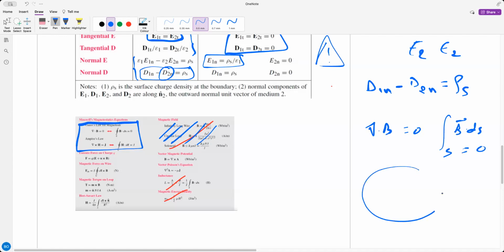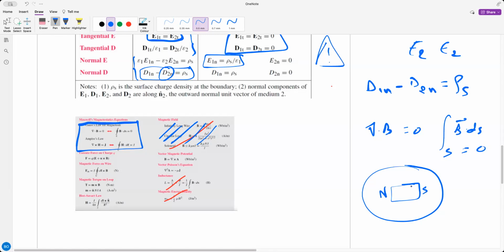For example, if you have any closed surface and you are trying to calculate the flux coming out of the magnetic field, in fact the flux is always 0, because if you take any magnet, even if you cut the magnet, there is always a north and a south pole, and their flux cancels each other.